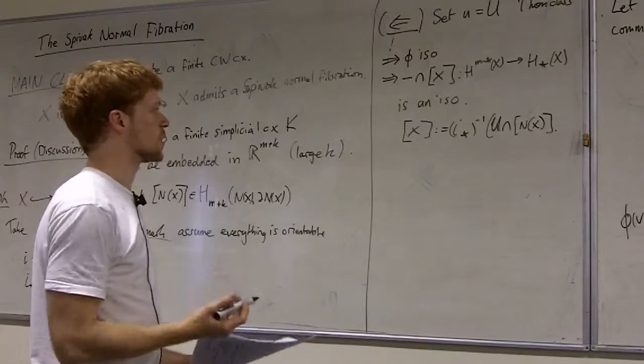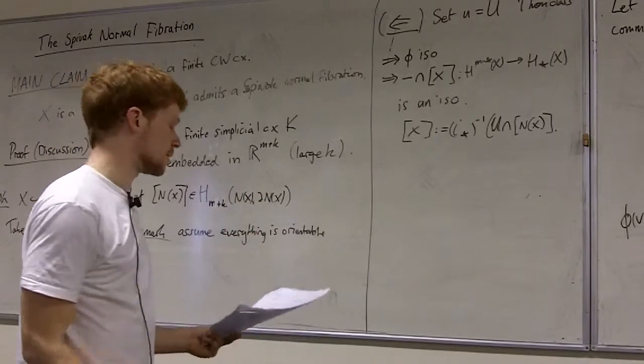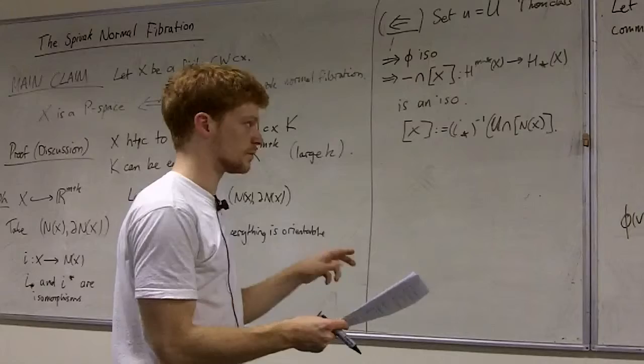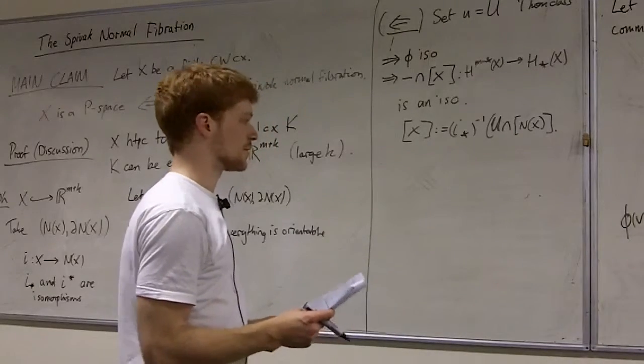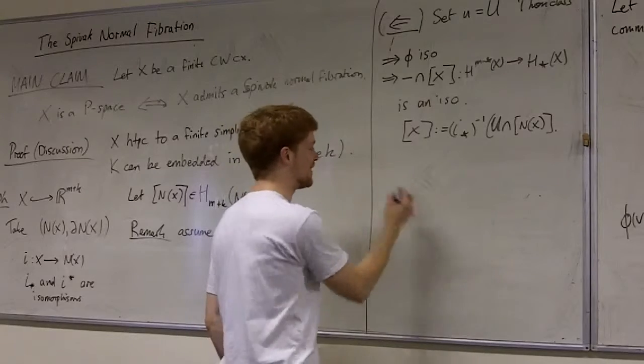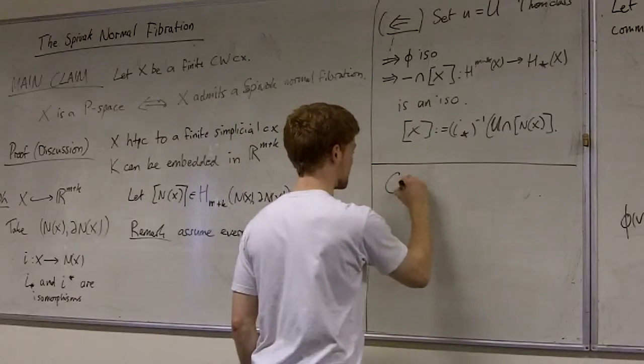So the Spivak normal fibration quite clearly has Poincaré duality, has the base space of Poincaré duality. Okay, so what about the converse? This is the hard part. So, converse.